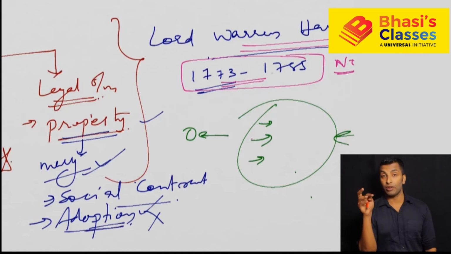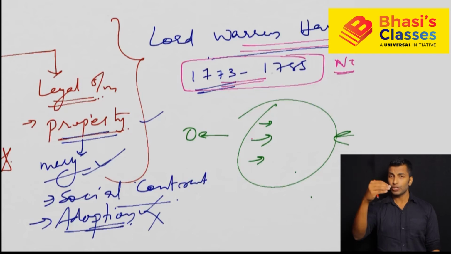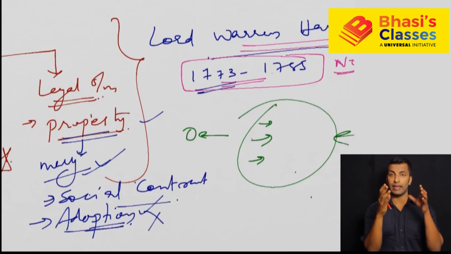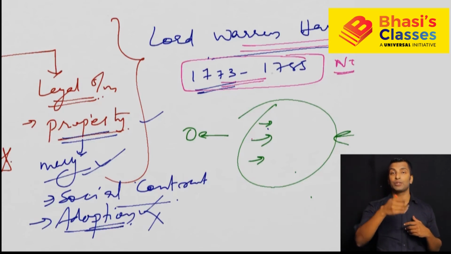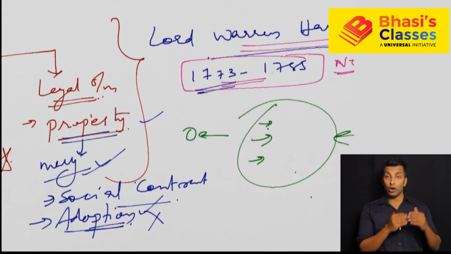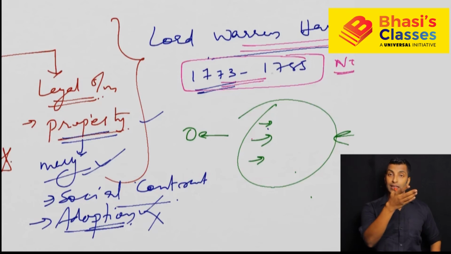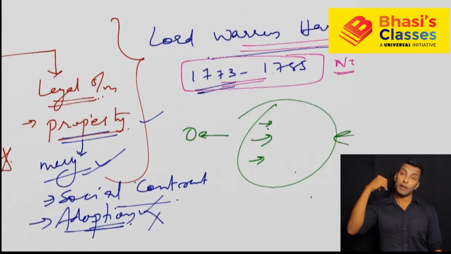The doctrine of lapse was applicable only to one category of states, those created under the British Charter. You can see three different categories of states. First, the states which were either part of the Mughals or Marathas or were paying tax to them. Second, the states which were not part of the Mughals and Marathas, but were paying tax. And the completely independent states which were not paying tax.